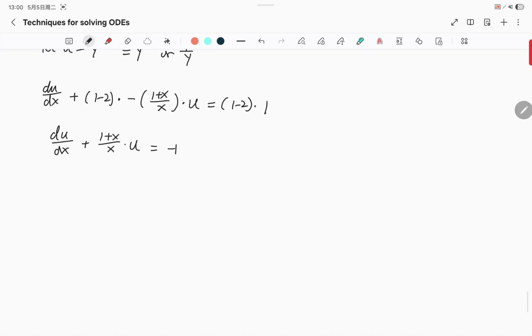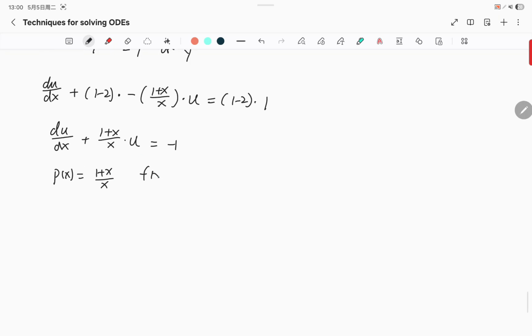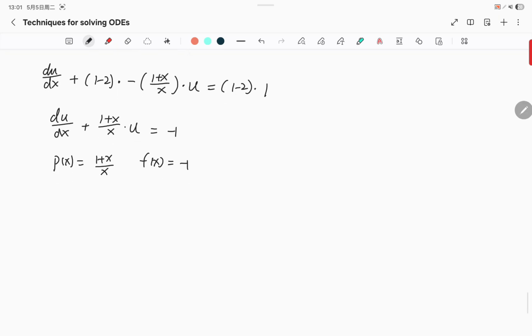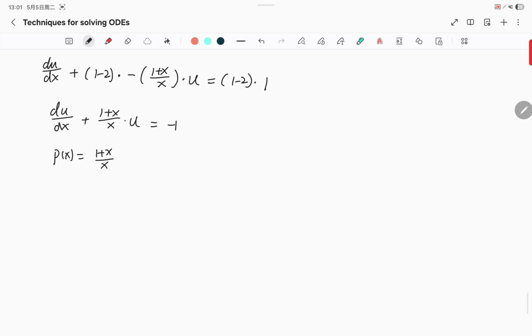Now my p of x is 1 plus x over x, and my f of x is -1. However, my next step is to do the integrating factor, e to the power of the integral of p of x. My p of x currently looks ugly, so we're going to simplify it: this is like 1 over x plus x over x, which is 1 over x plus 1.